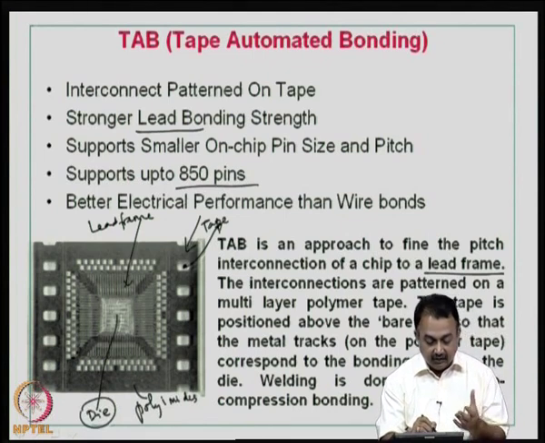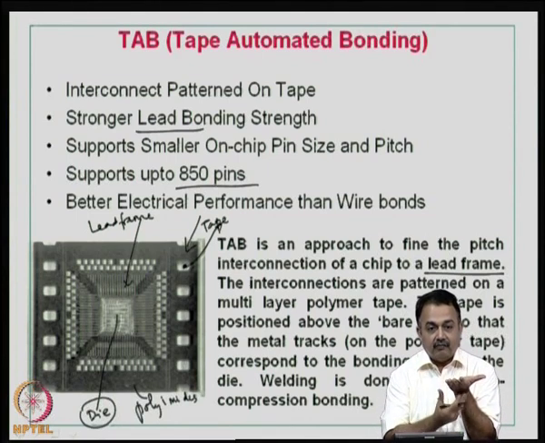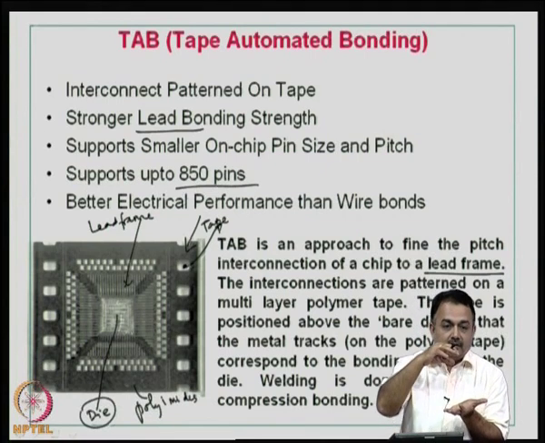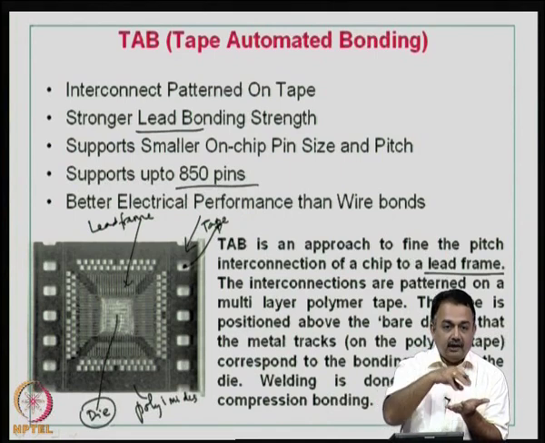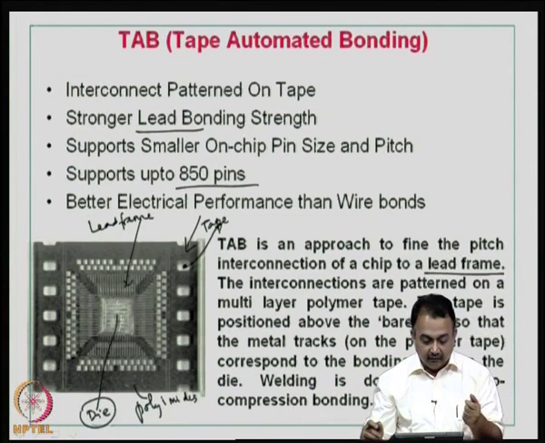So, you can imagine this tape sitting here and your die is coming from underneath and aligning with the lead frames. Now, from the top you use thermocompression bonding. That means, you apply heat, you apply pressure, and then the lead frames will bond with the bond pads on the die, and then a connection will be established. Okay. So, this is a second chip connection choice that we are discussing after wire bonding.